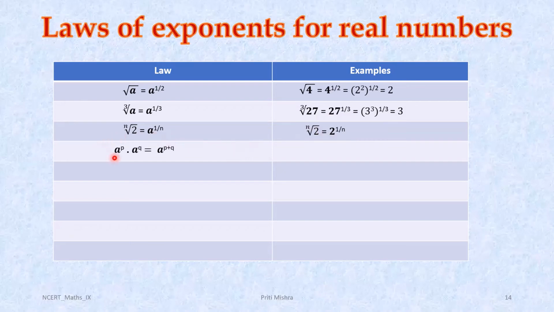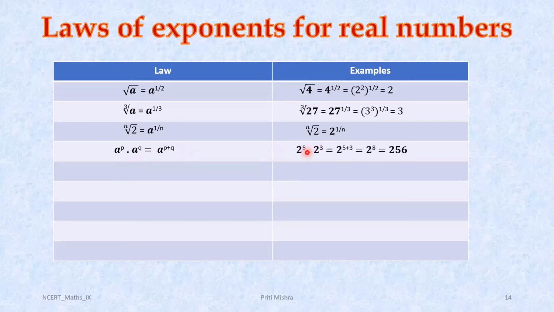Another law: a to the power p into a to the power q. If we have numbers with the same base, then we can write it as a to the power p plus q. With the same base and different powers, the powers will get added.